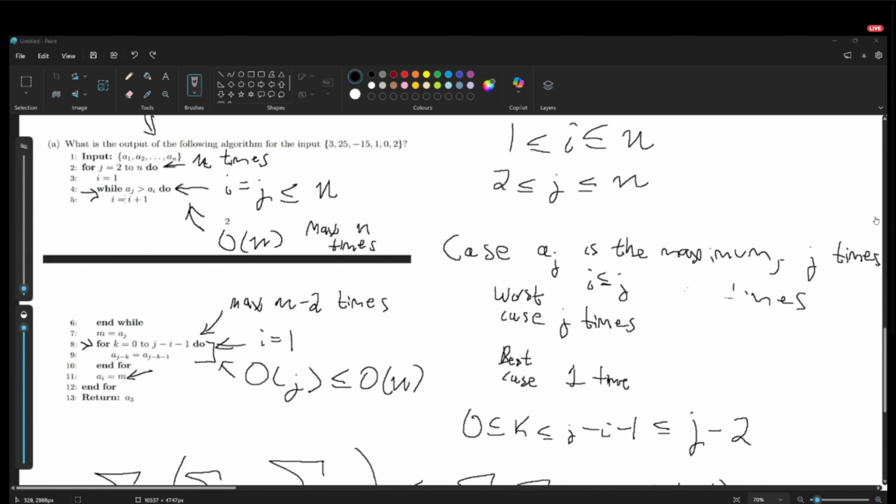J starts at 2, and I starts at 1. Because it's ordered, it's going to go through all of them. Every time it's going to be larger than A[i] because it's ordered. So already there you have n.